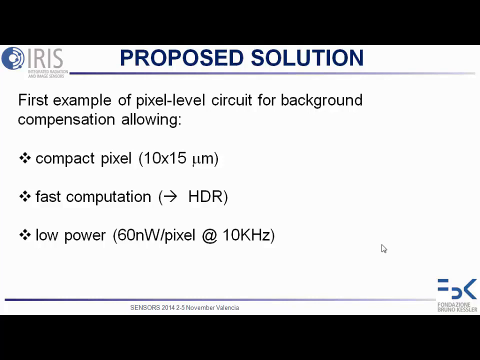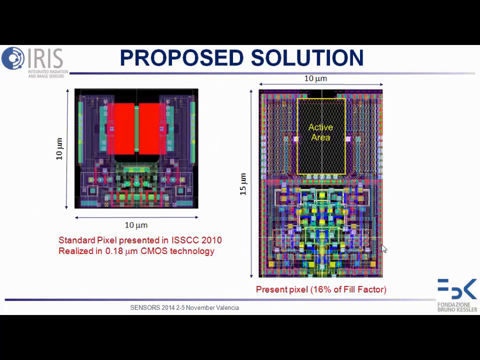We estimate a value of about 60 nanowatt per pixel at 10 kilohertz of refreshing operation.